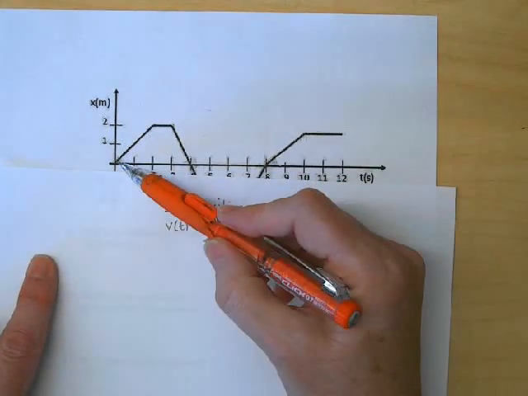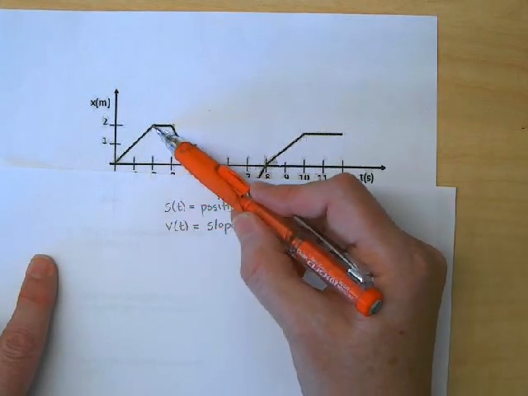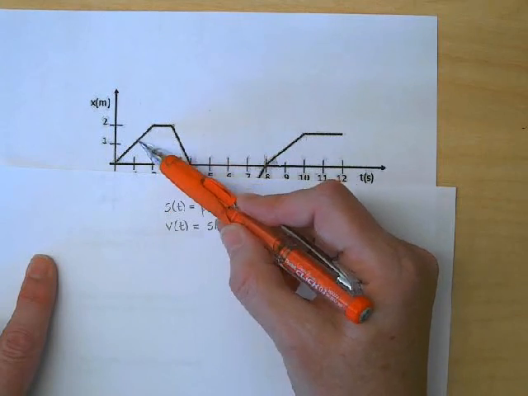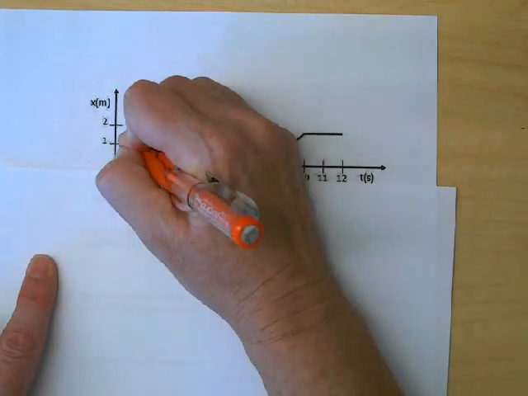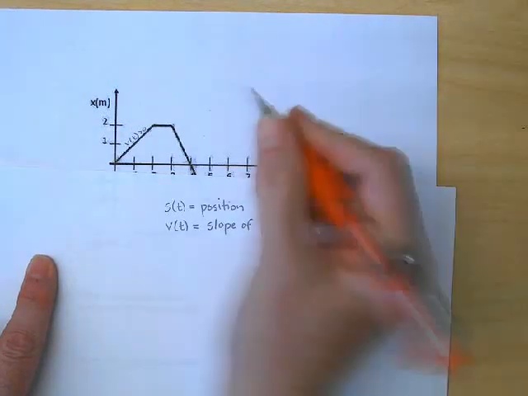This is going up, and because it has positive slope, the velocity is positive.